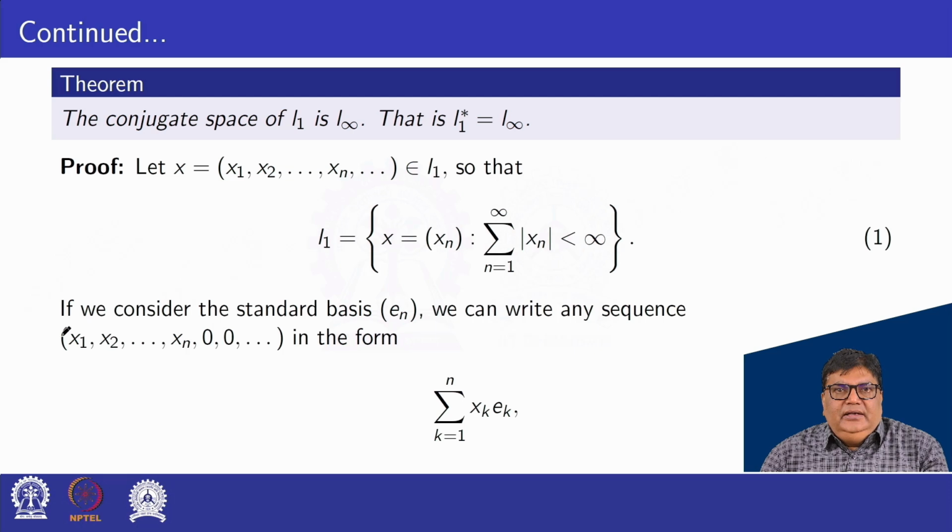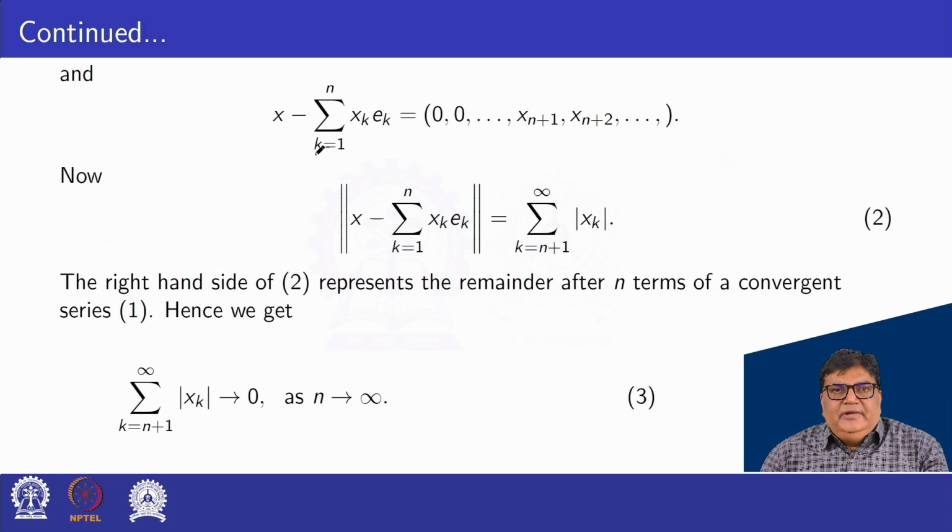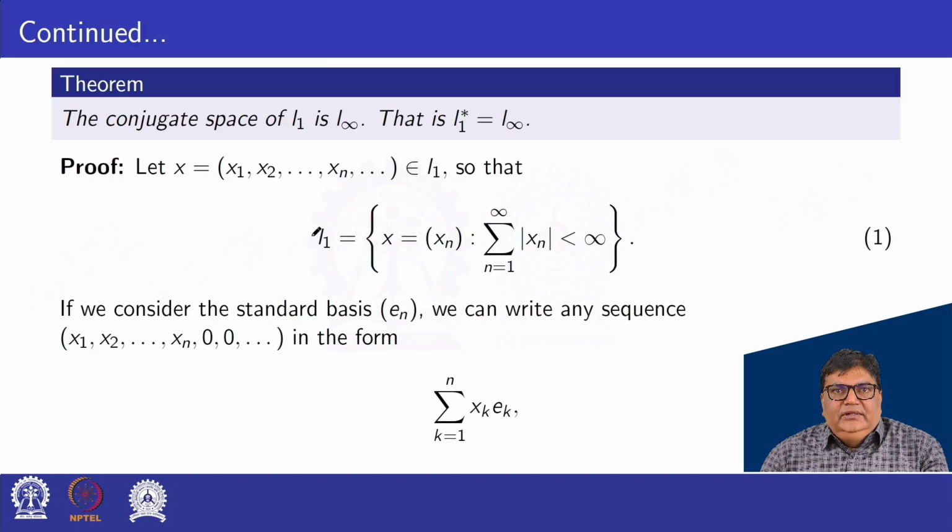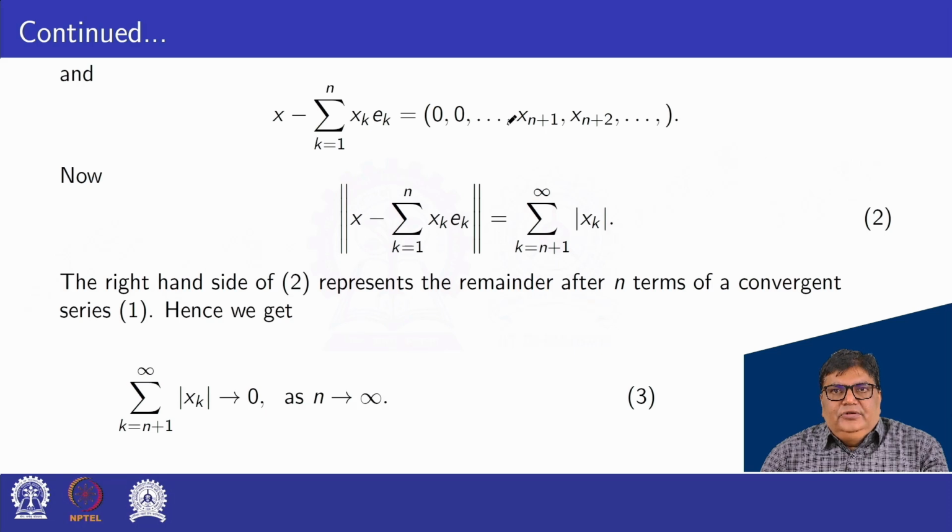Then x minus summation k equals 1 to n of xk ek gives the infinite dimensional vector with n zeros, and then xn plus 1, xn plus 2 and so on.